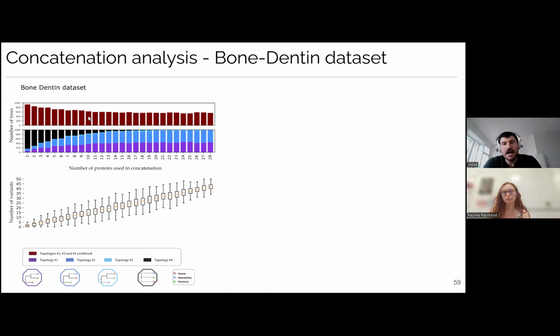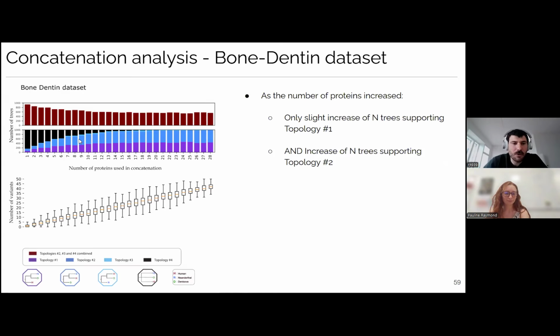And we saw slight differences. For one, we saw the steady decrease of trees disagreeing with topology number 1, or the other way, this purple topology, slightly changed, but again plateaued with around 20 proteins. And again, we had this other topology with humans and Neanderthals closer, Denisovans being the outgroup, steadily increasing, but this time plateauing and then being roughly 50-50 with the true population tree as we know it from DNA data.